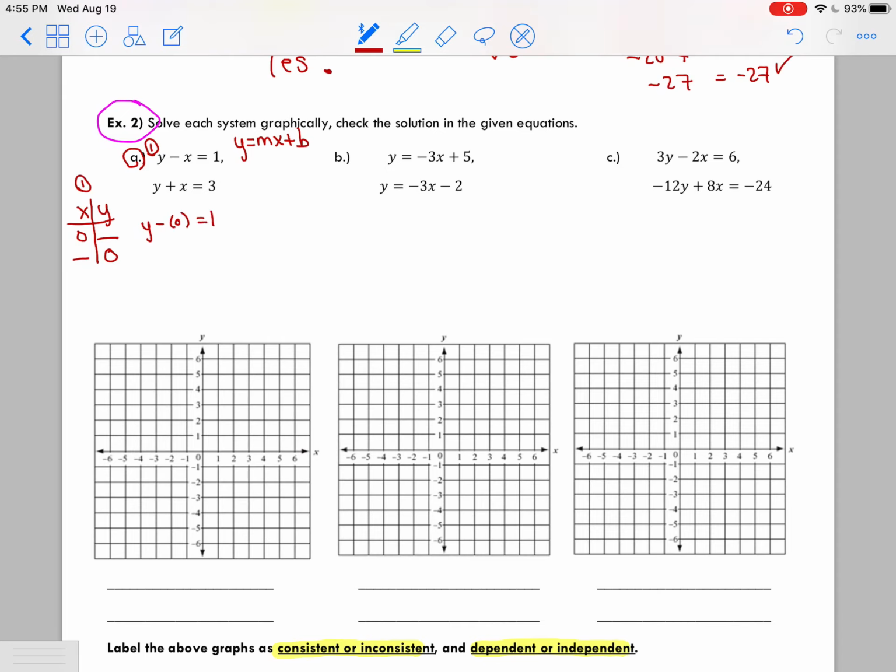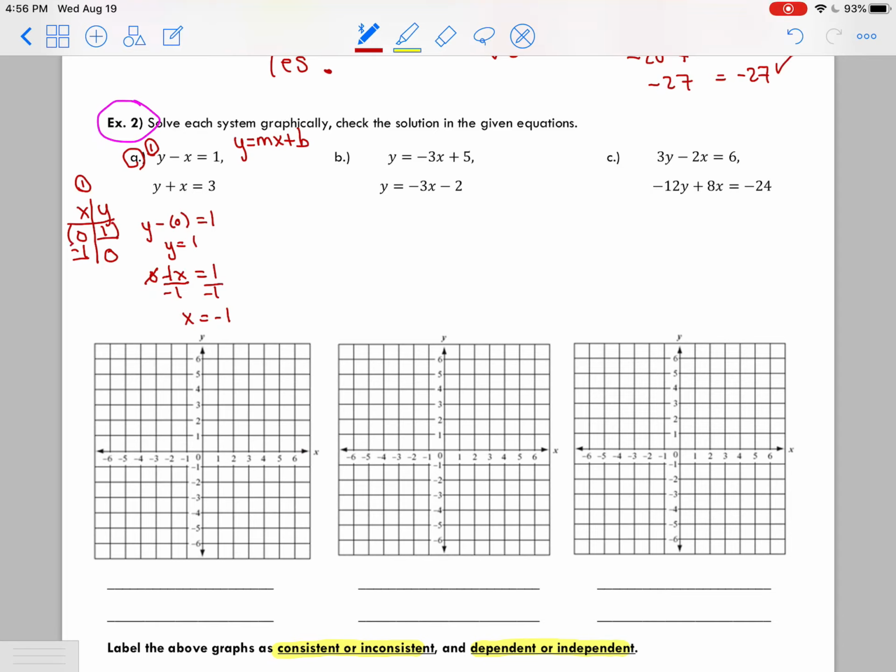Well, that's pretty easy. y is equal to 1. And 0 minus x equals 1. So that means I've got a -1 here. I know that I've got to divide that. So x is -1.